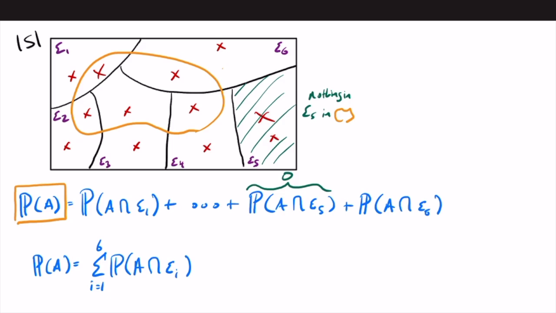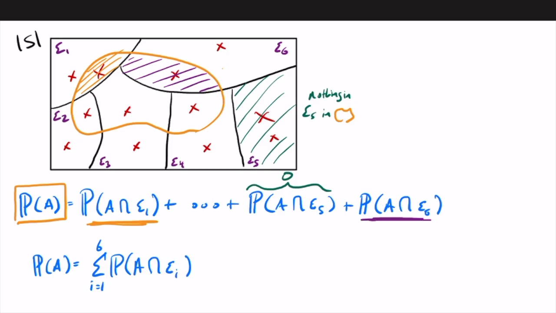I think it'll get messy, but let's try it. For E1, we have that whole area. Then we'll do E6 in purple, and for E6 we have all this space.